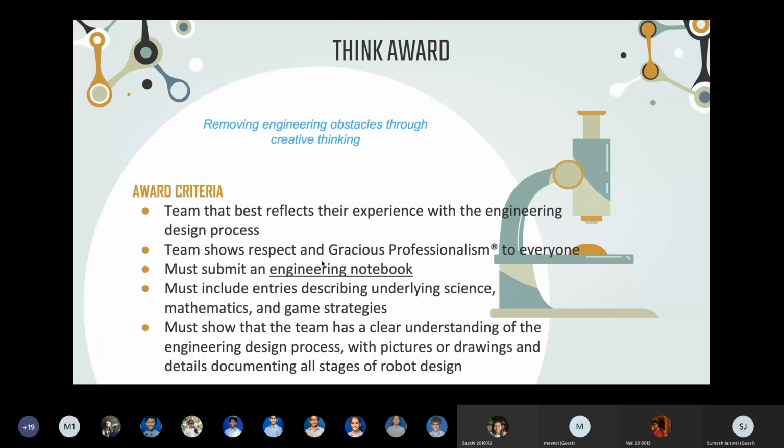And for this award, what you need to do is, in your engineering notebook, include information about the underlying science, mathematics, and the game strategies behind your robot.